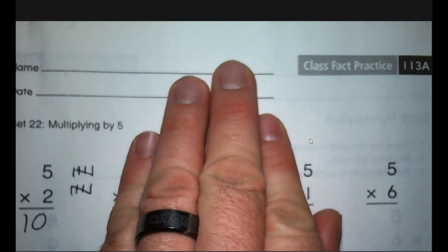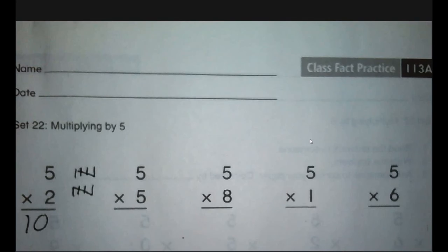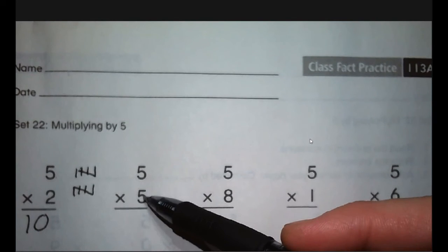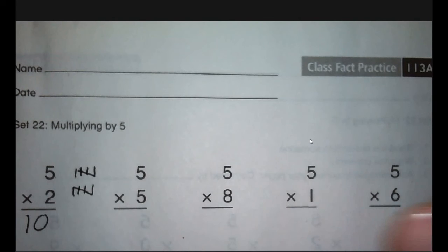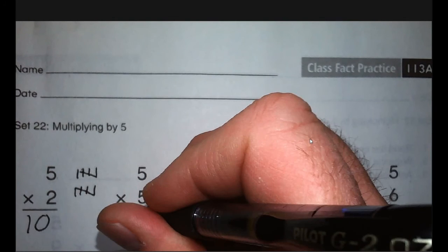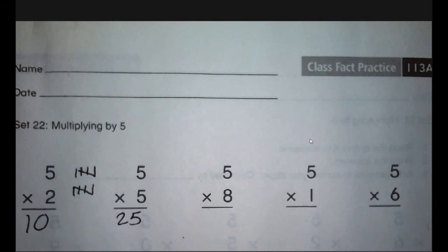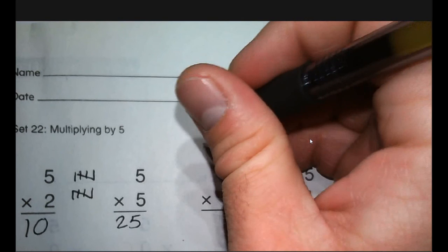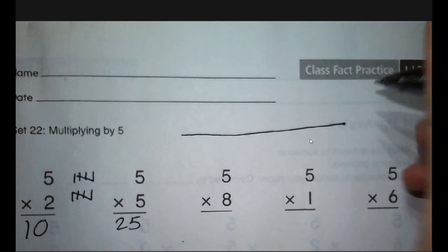25. Okay? Another way that you could do this as well is just make a 5's number line, like this. Okay? I'm not going to make a whole huge number line, but you could do this one, this one, this one, this one, this one, and this one.